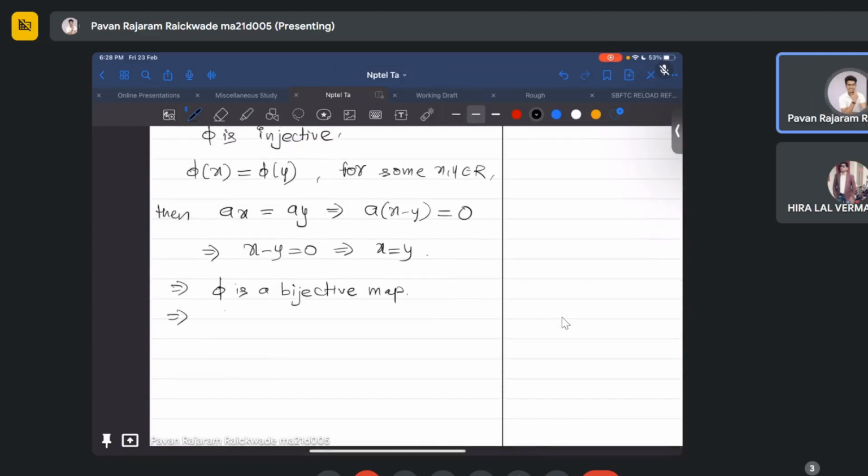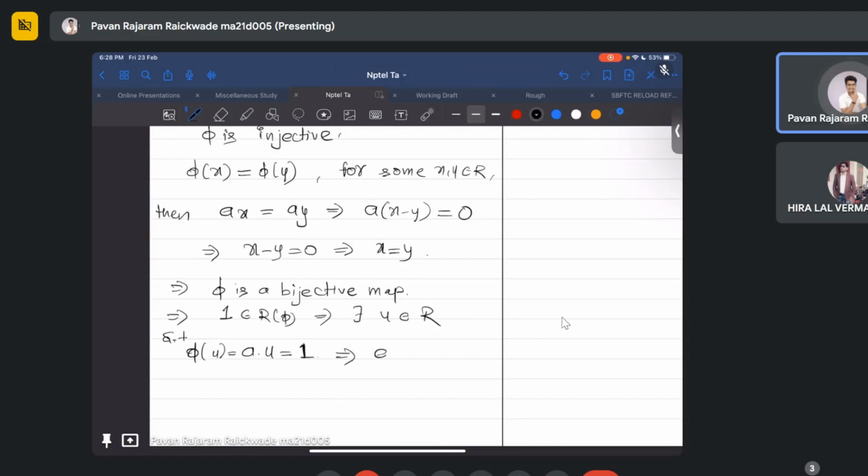This implies the unity belongs to the range of phi. So there exists an element u belonging to R such that au equals 1. Here au is basically phi of u.